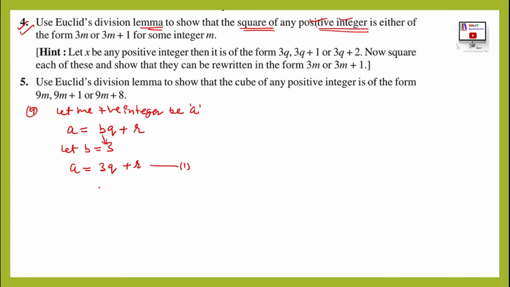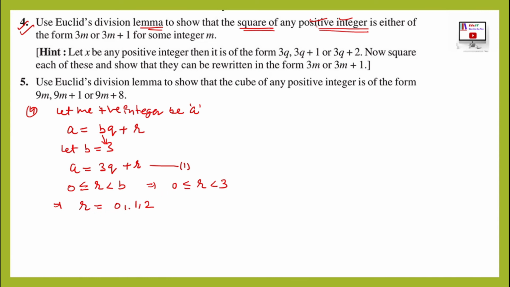Now the value of r will lie between 0 and b: it will be less than b and greater than or equal to 0. So r will be less than b, b is 3, so it will be less than 3 and greater than or equal to 0. That means r is equal to 0, 1 and 2.